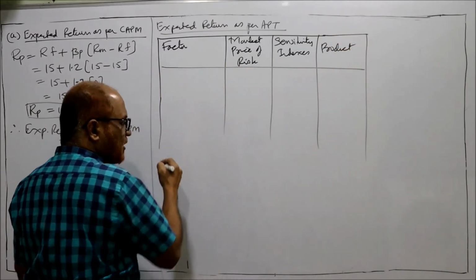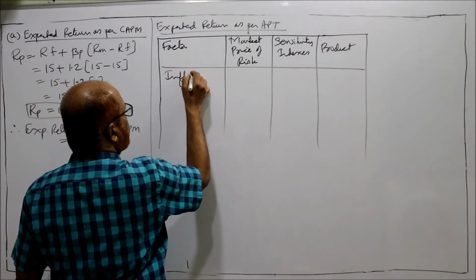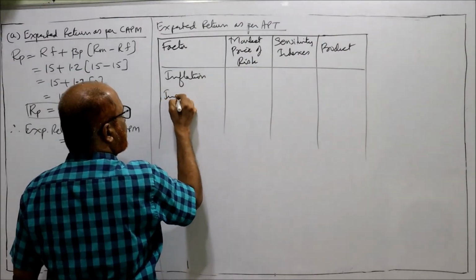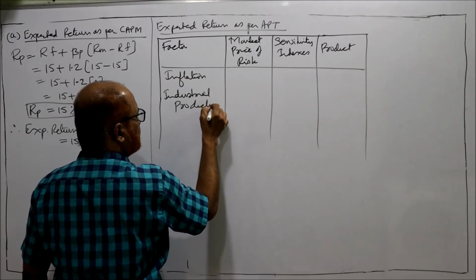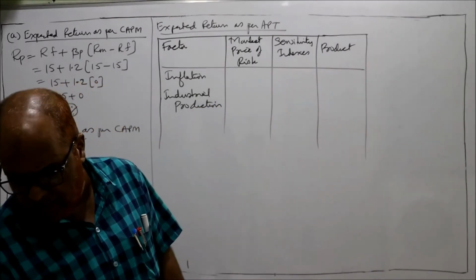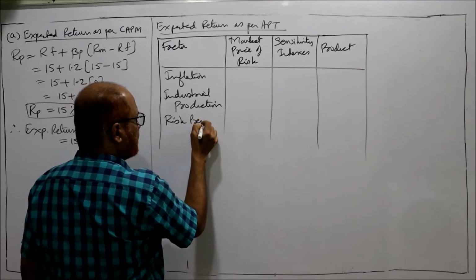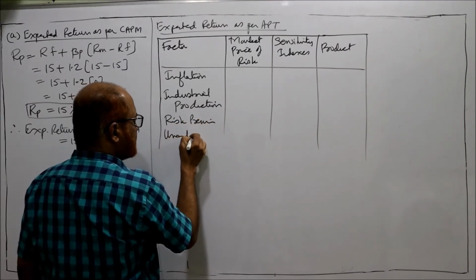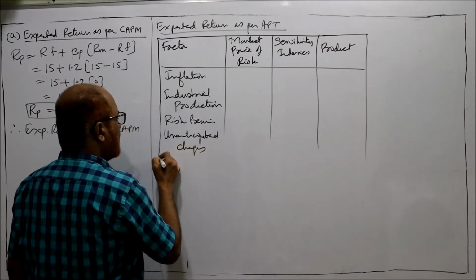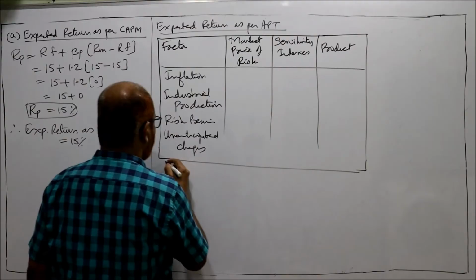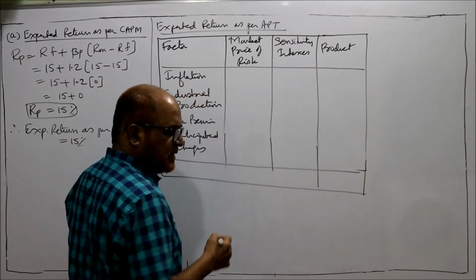So what are the 4 factors given? Inflation, industrial production, next one is risk premium, unanticipated changes. These are the items given.